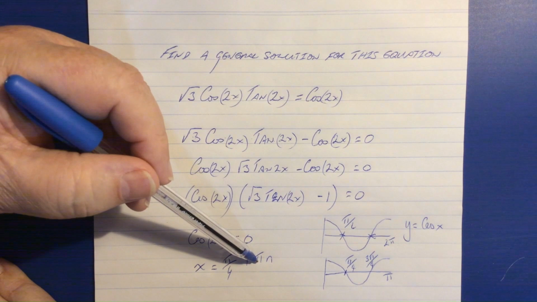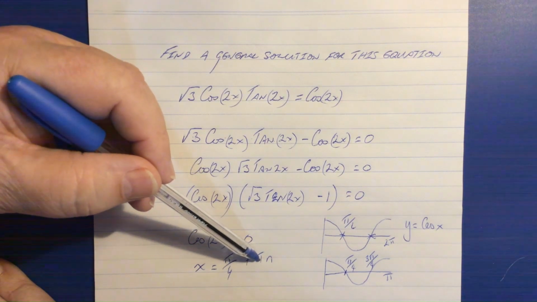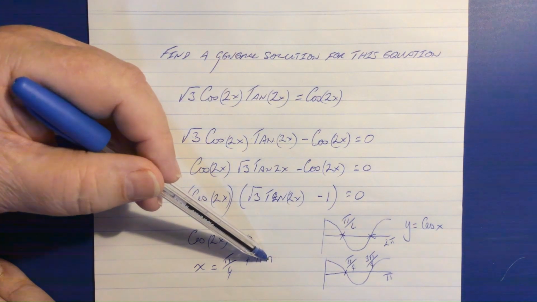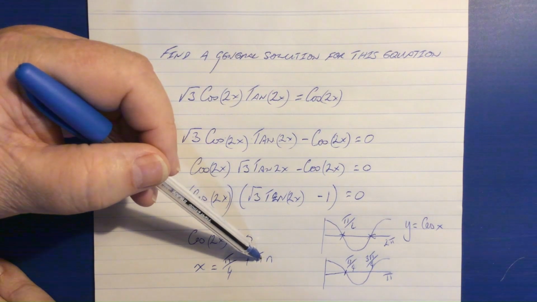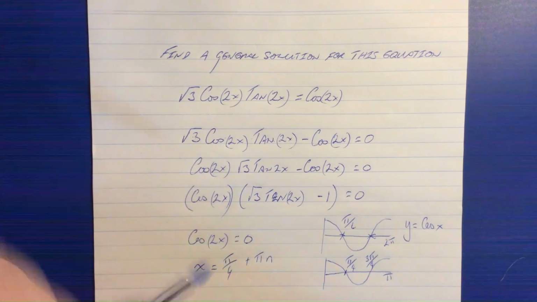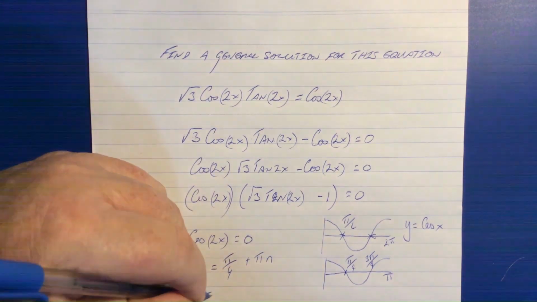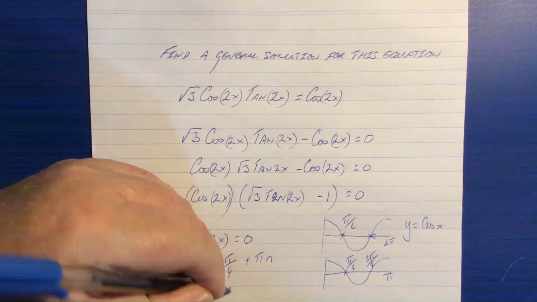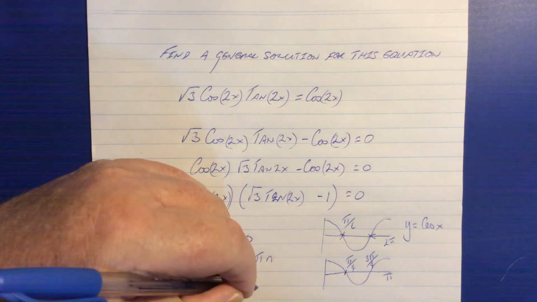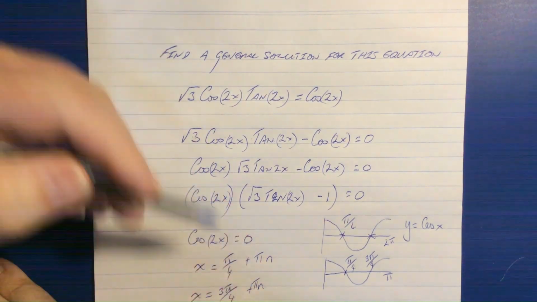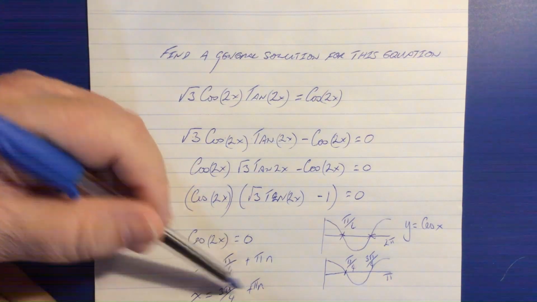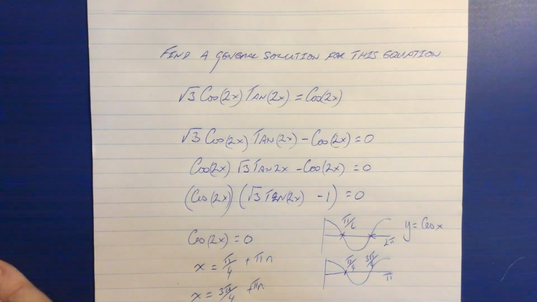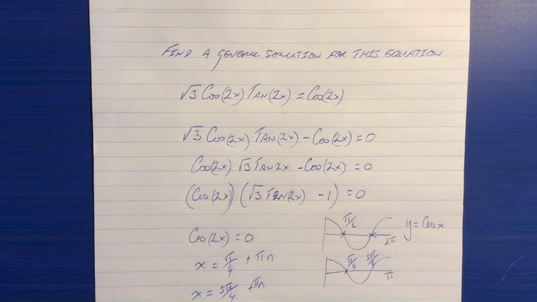Now normally this would be 2 pi n, I think, just off the top of my head while I'm doing this, but please note that our period is pi, not 2 pi. So that's the first part of it, and x can also be 3 pi on 4 plus pi n. And this also works in the negative direction. It would be minus pi n and minus pi n here. So that's the first part of this.